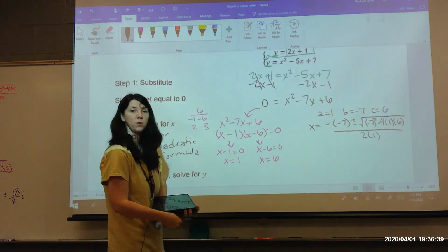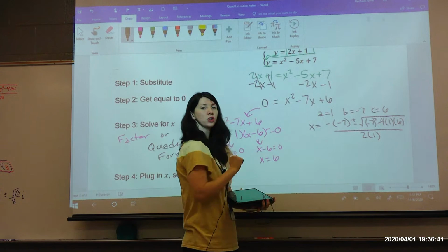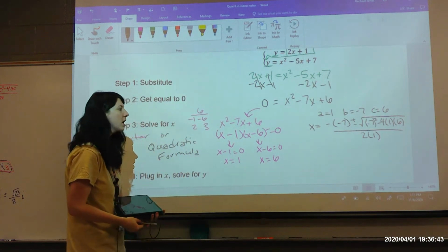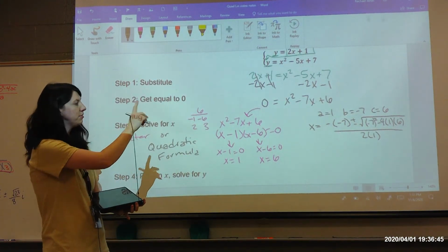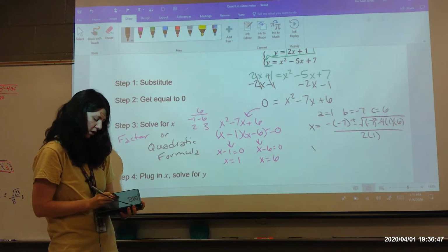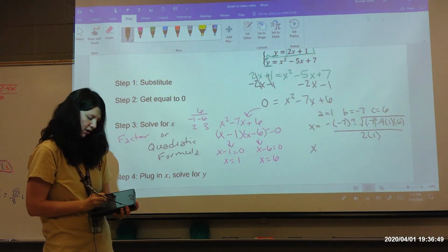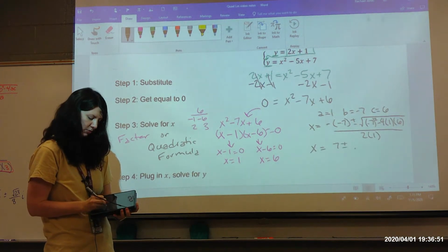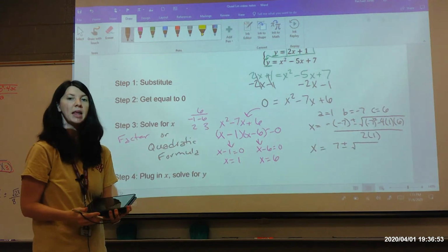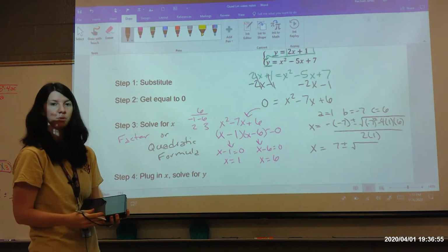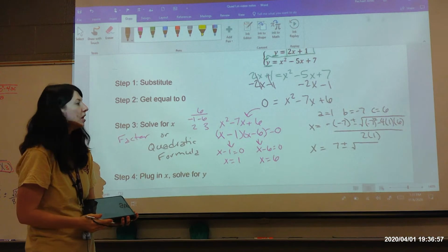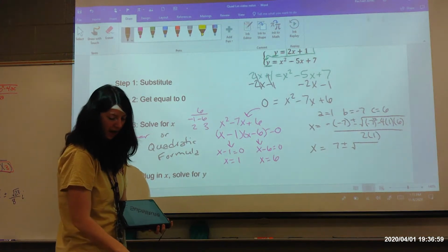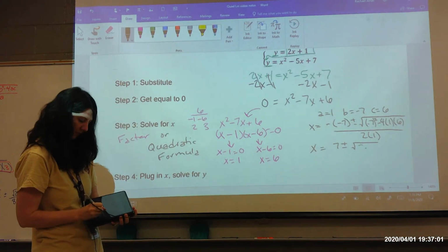I just plugged in my a, b, and c into the quadratic formula. I'm going to do my simplifying in the 3 spots. Negative negative 7 gives me that positive 7, plus or minus. Now find your discriminant. What is your discriminant for this problem? You should get your discriminant as 25.